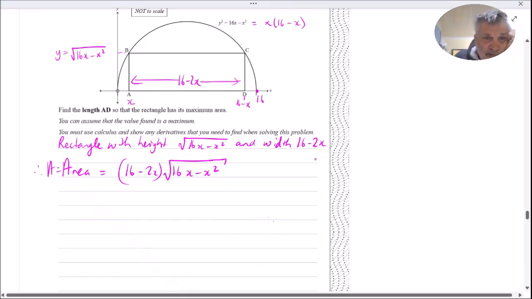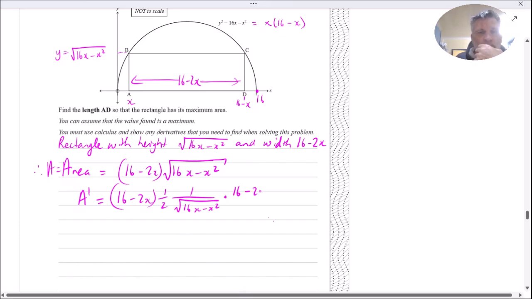Now we want to find the maximum area. To do that we find a derivative. This is a product, so write down one, differentiate the other. This is a power of a half, so it becomes a half, that to the power of minus a half, times the derivative of what's inside, 16 minus 2x.